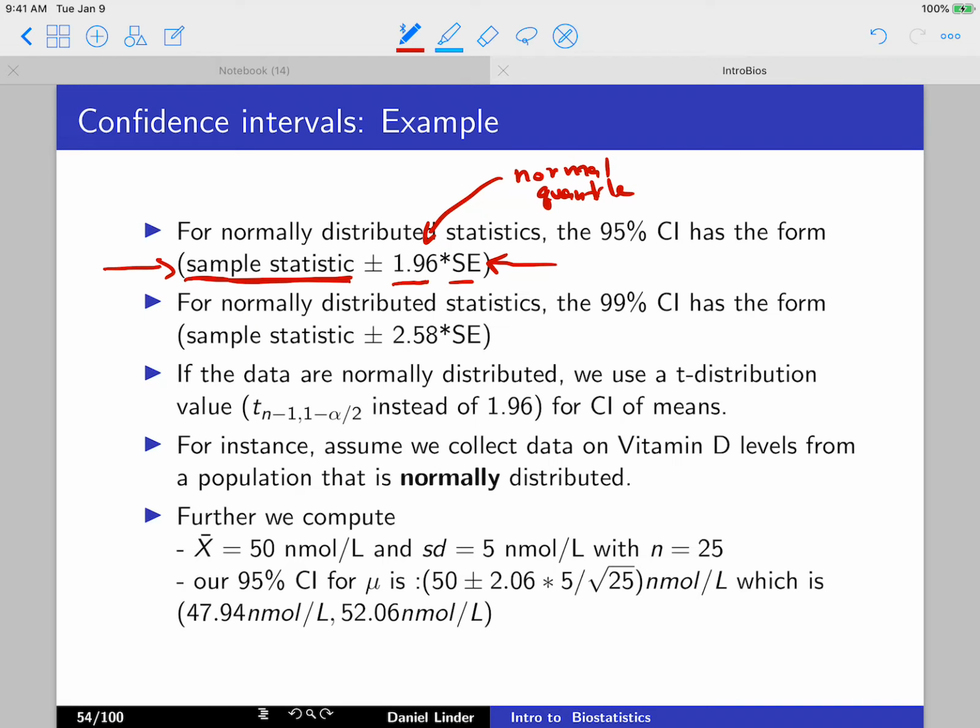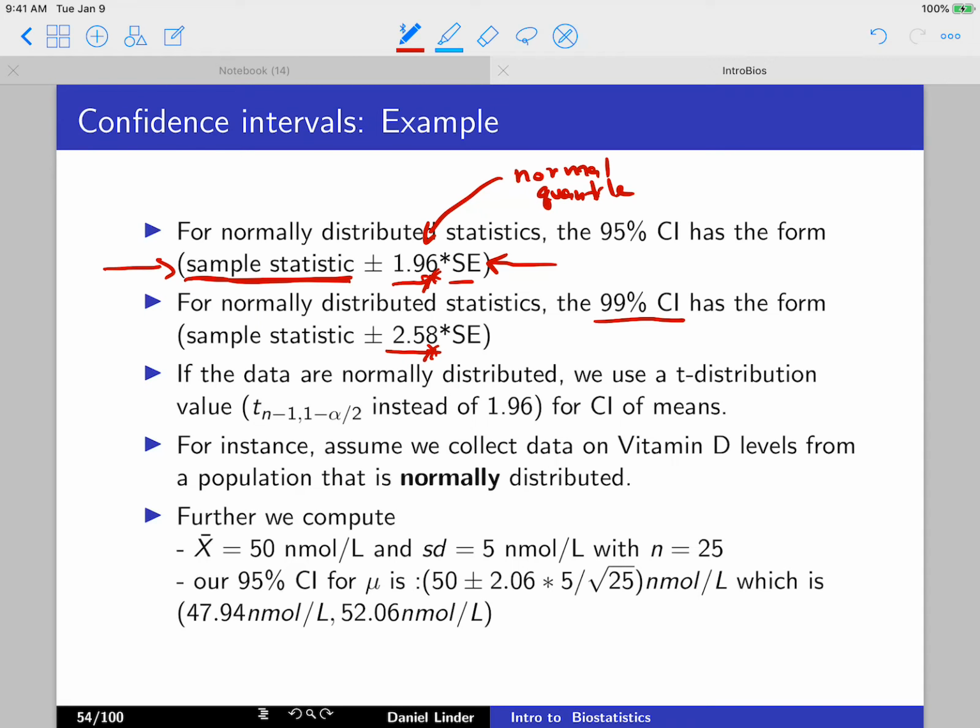Alright, what if you wanted a 99% confidence interval? Well, naturally, like we've written on the previous slide, you should anticipate that the interval is going to be wider. So how does that come about? Well, we just pick a different quantile from the normal distribution. We essentially have to go further out in the tail of the normal distribution and grab a number that's larger, so 2.58 instead of this 1.96 up here.